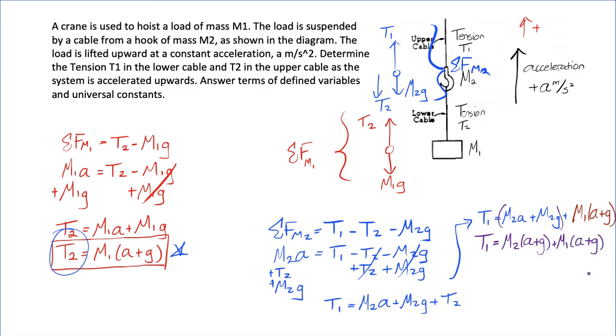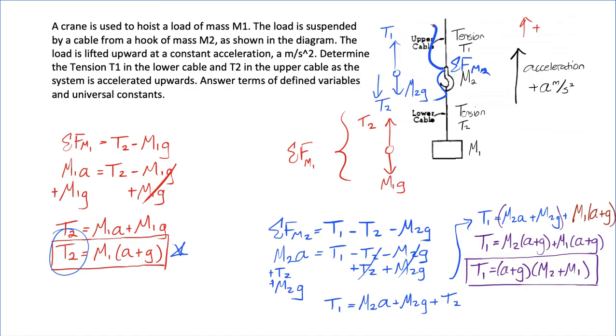And interestingly, if you want to be as compact as you possibly can, both of these terms have an (A plus G) in common, so I could factor that out. The best answer is (A plus G) times (M2 plus M1). The tension in the first string.